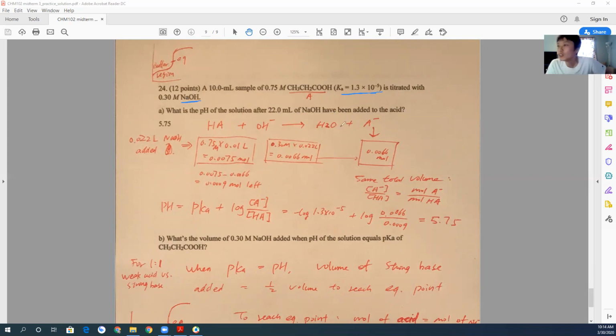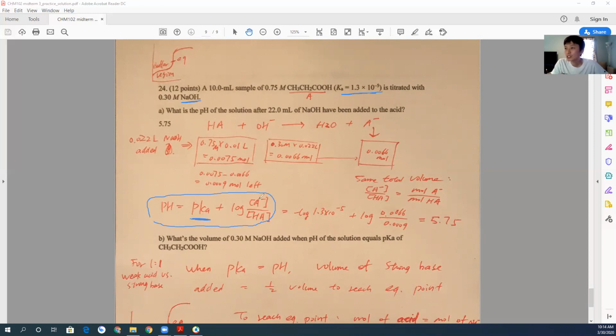Right, so when I do this type of problem, we can use this equation: pH is equal to pKa plus log of base divided by acid. You know the Ka value, so you know pKa.